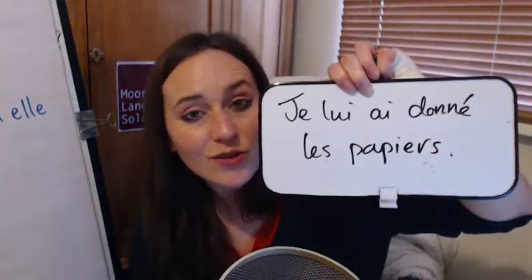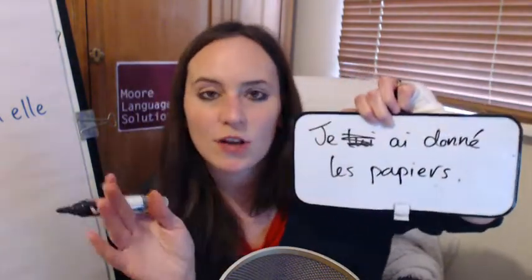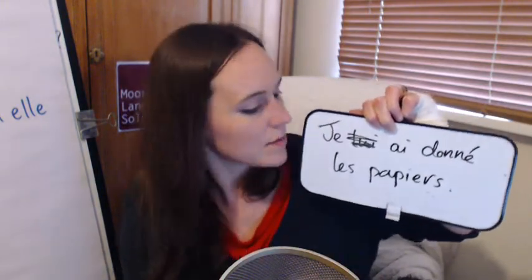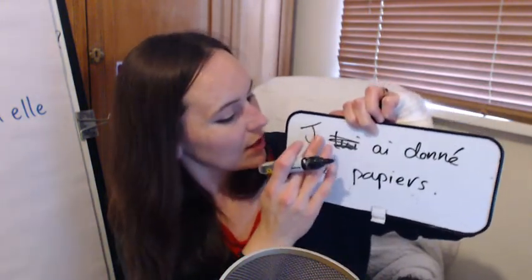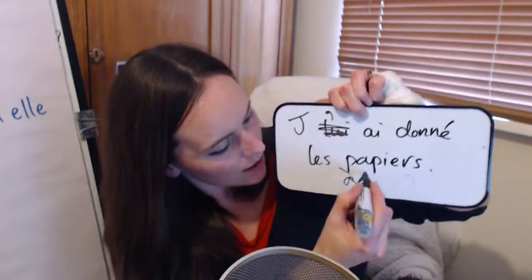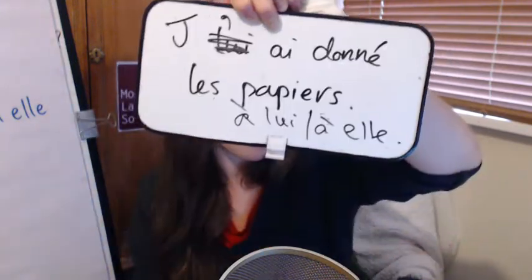So, je lui ai donné les papiers in its full form. Like if you've forgotten how to say I to him give the papers, I to her give the papers, just use the full form. J'ai donné les papiers à lui or à elle. Okay? Voilà.